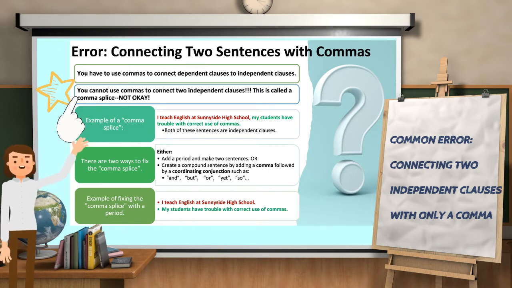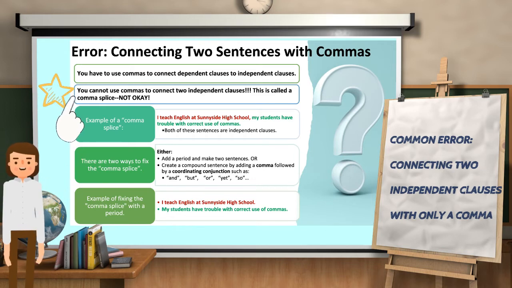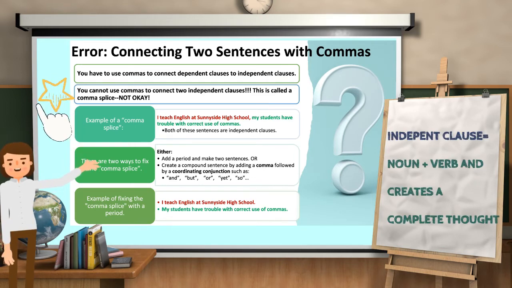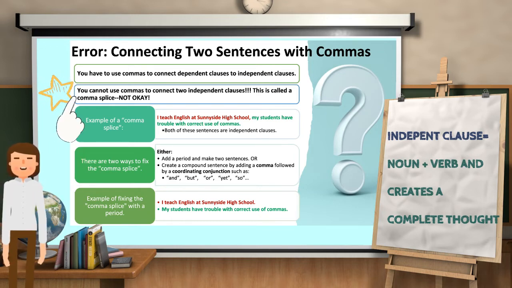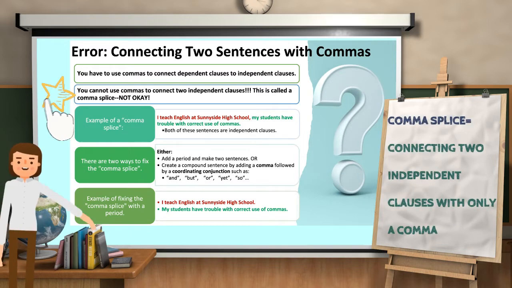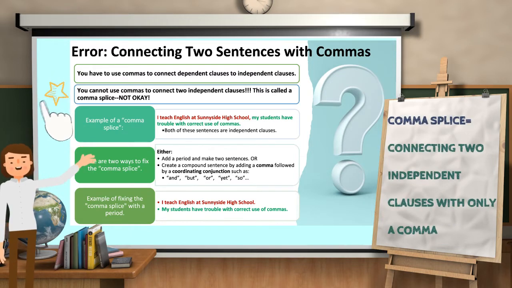My students have trouble with correct use of commas. I teach English at Sunnyside High School is a complete thought. It is an independent clause. This example here is called a comma splice. You can't do this. And this is very, very common in student work.